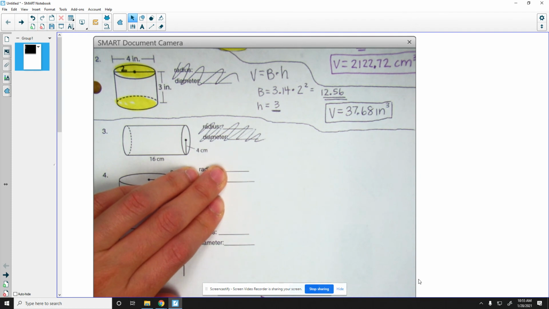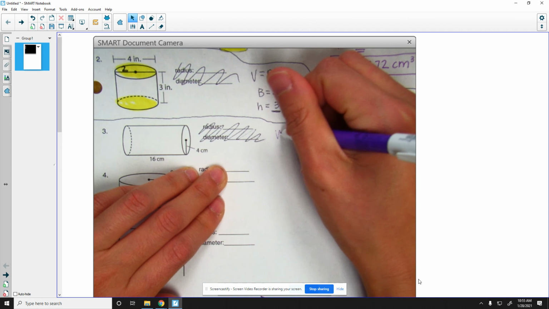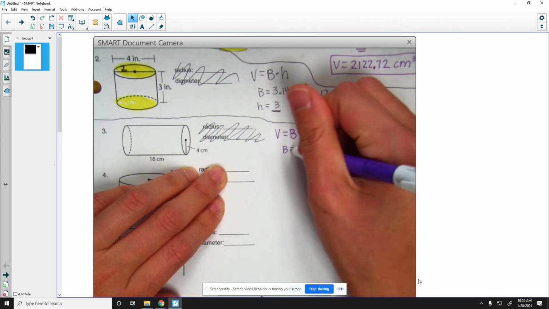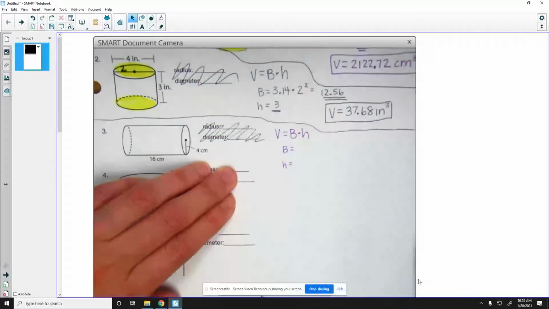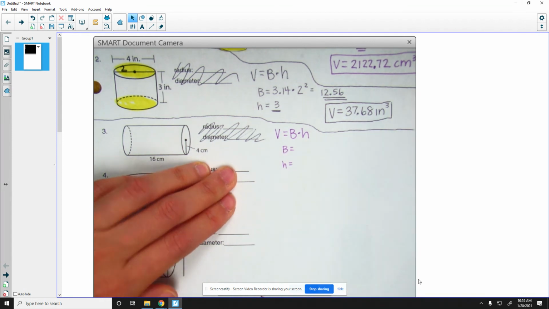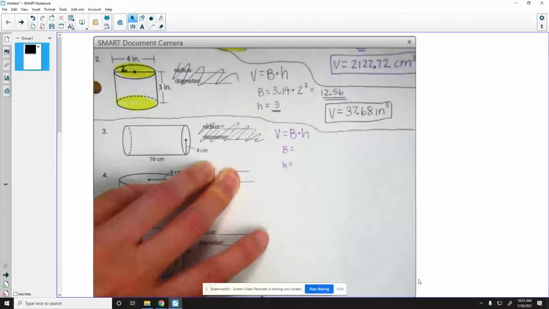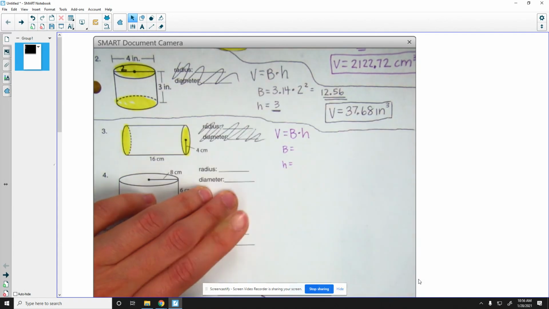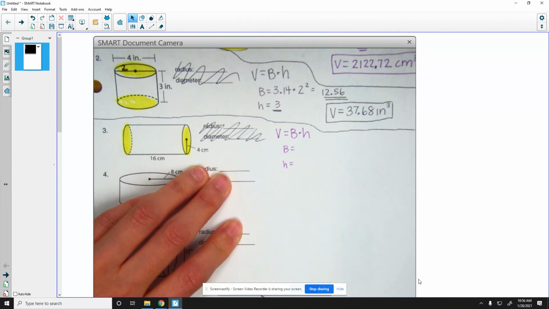Okay, so let's find the volume. Volume, so look at your formula, is base times height. So if it's base times height, figure out base, figure out height. All right, your base is the area of the base. Do you see how your base is now no longer on the top and bottom, but on the left and right, because my shape has fallen? So if my shape has fallen, my bases have fallen over.